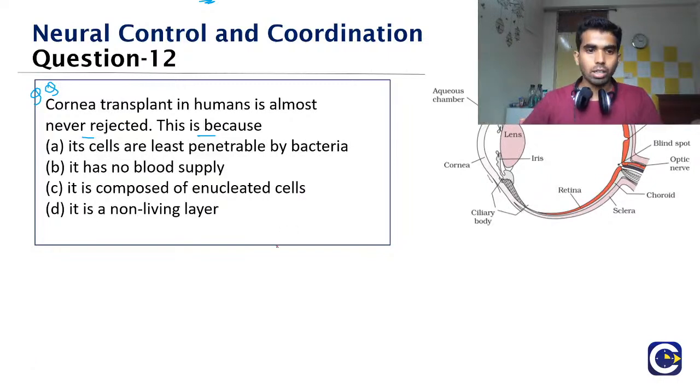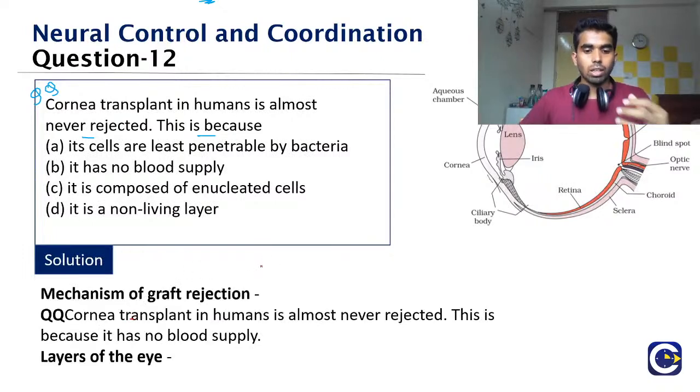Then the immune system has the property that it will recognize the foreign substance and try to attack it. And what type of cells attack the foreign substance? They are the WBCs. And where are the WBCs present? They are present in the blood.